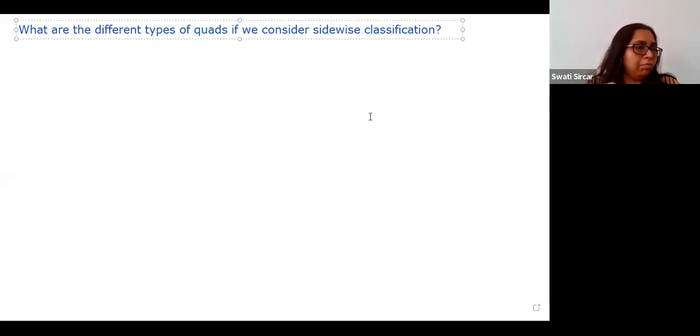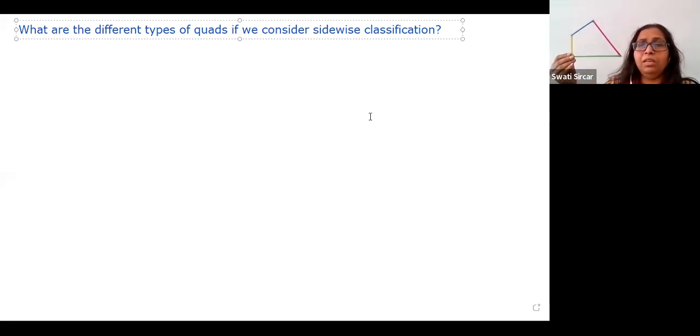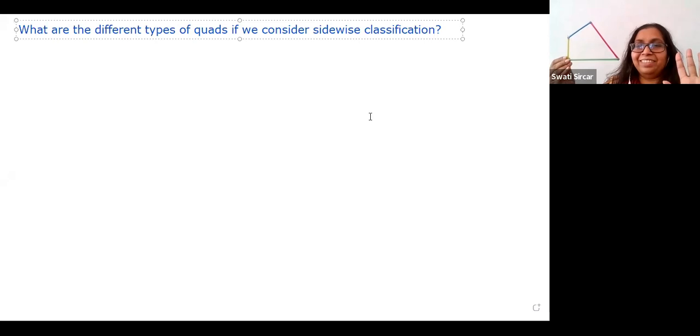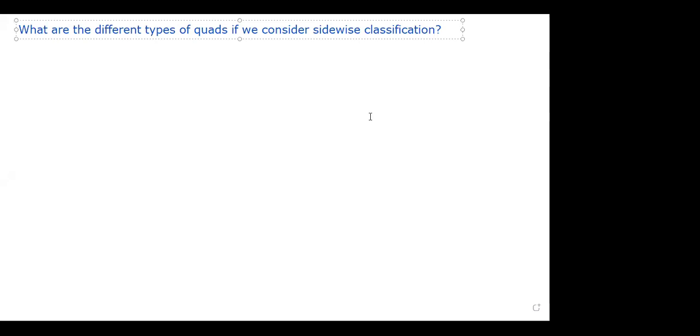Now, I can probably show you a quadrilateral which may not fit any of these buckets. Can you see this quadrilateral? Is it a parallelogram? No, ma'am. First of all, it's a quadrilateral, right? Yes, ma'am. It's not a parallelogram. Do you think it's a trapezium?